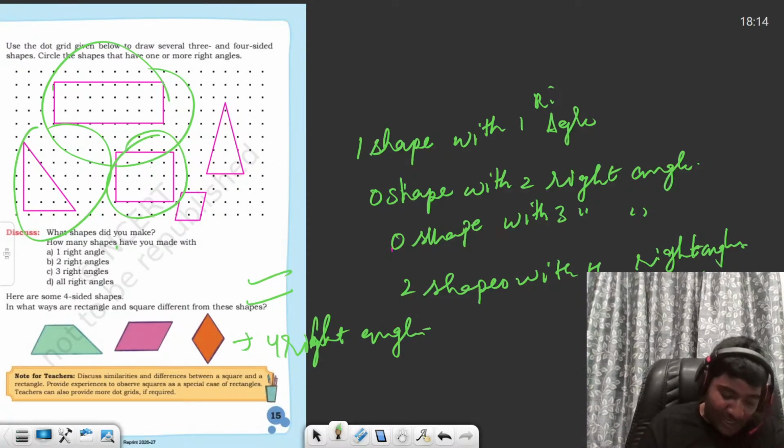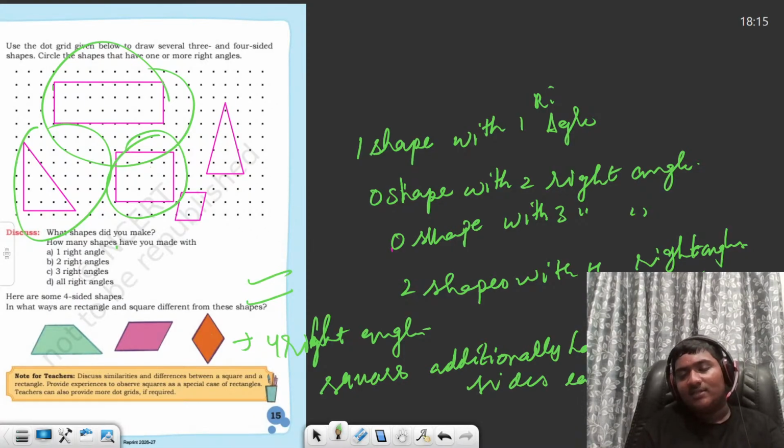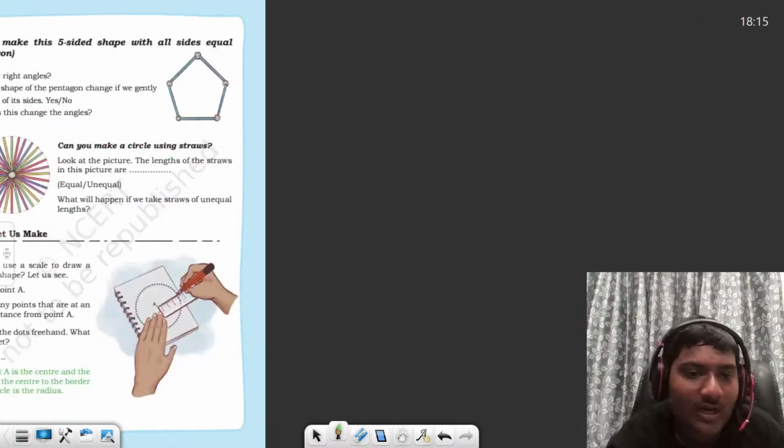Squares additionally have all sides equal. Very important but easy question.